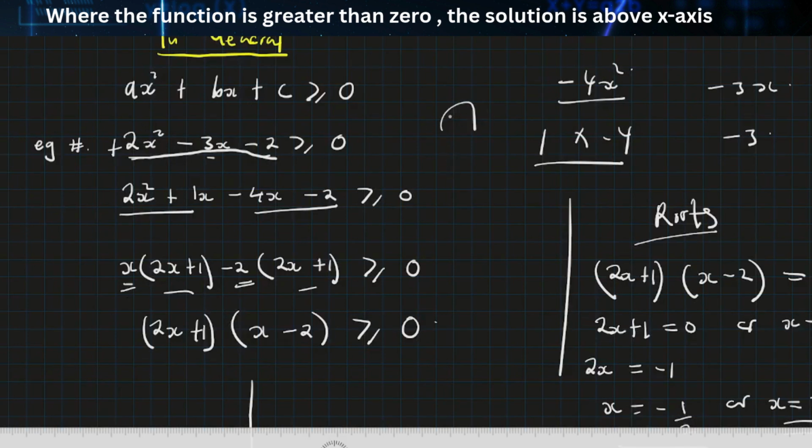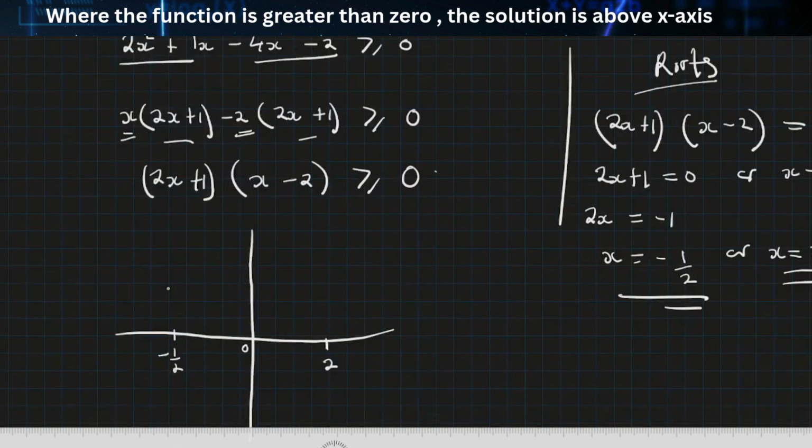If it was negative, it's going to look this way, facing down. So unfortunately, it's U-shaped, which means our graph is going to be this. That's what it's going to do. So that's our y-axis. Remember, our y-axis is also called x equals 0.